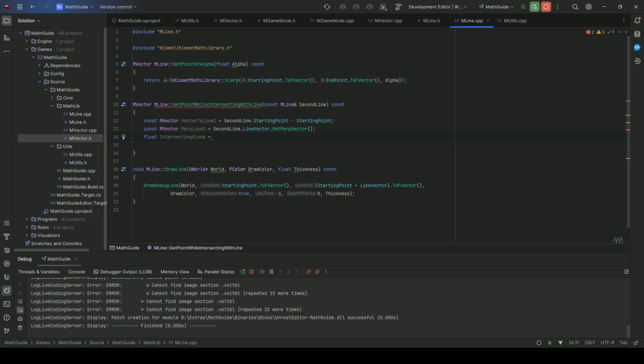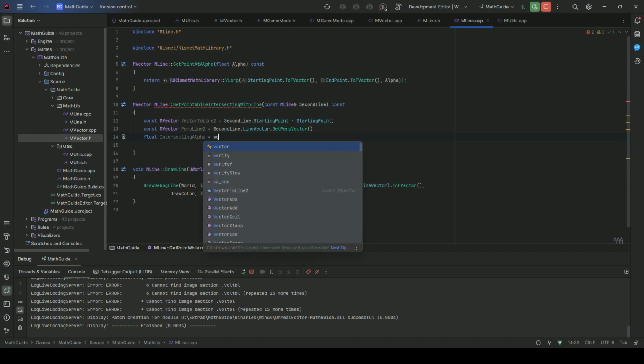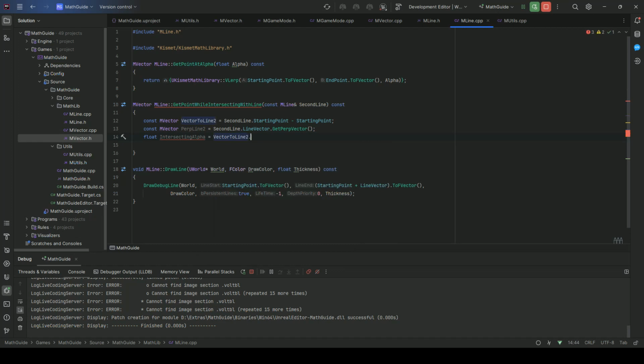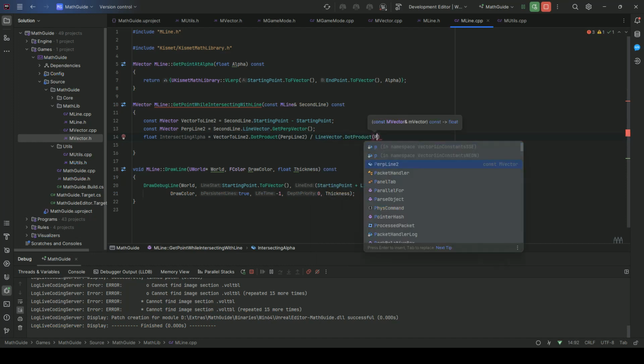So I think it was the dot product of vector to line 2 dot product with perp line 2, divided by now with current line, line vector dot product and perp line 2.